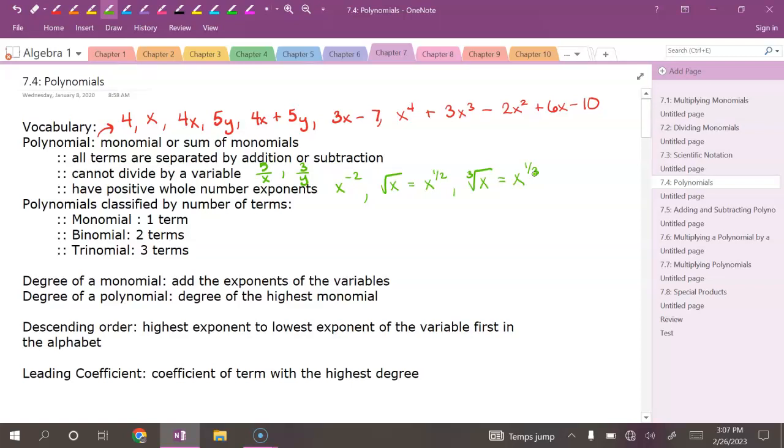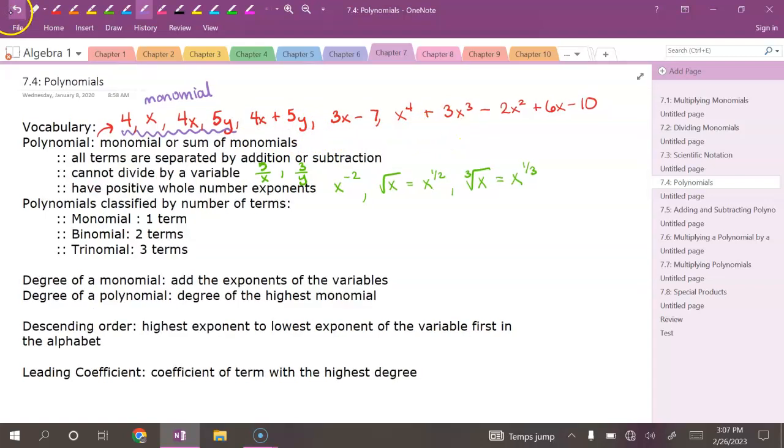Coming back up to this big list of examples I had, these first 4 examples would all be considered monomials because they each were made up of just one single term. The 4x plus 5y and the 3x minus 7 each have 2 terms, so those would be called binomials.